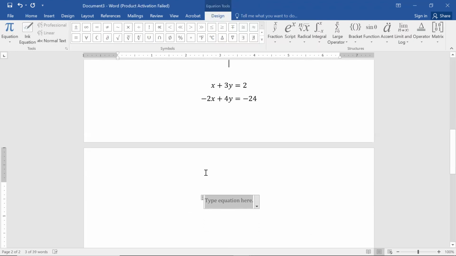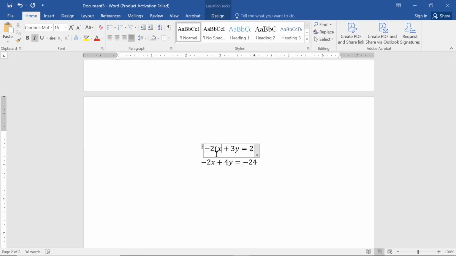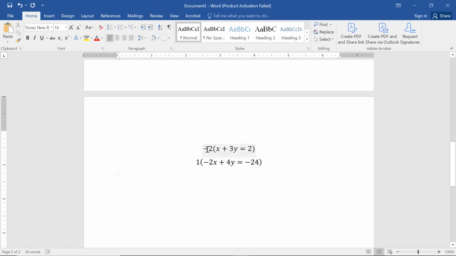I do my standard technique of eliminating a variable. I think I will eliminate the x in this case. So I'll take my pair of equations. I'll write a -2 in front of the first xy equation. I will write a 1 in front of the second xy equation. Change one of the signs.